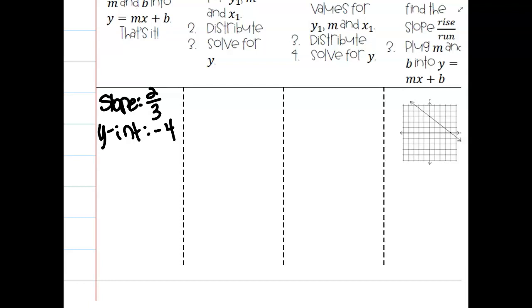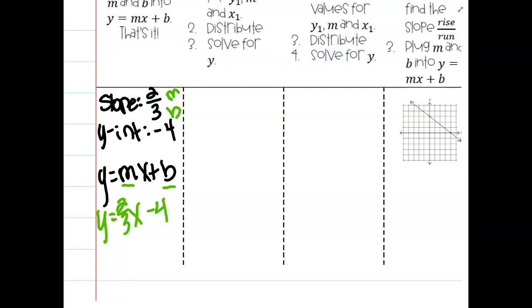Once again, you need two things to write the equation of a line: you need your m and you need your b. If they give both of those to you, just plug them in. The equation of a line is y equals mx plus b, so plug something in for m, plug something in for b. So the equation of this line would be y equals 2/3 x minus 4.